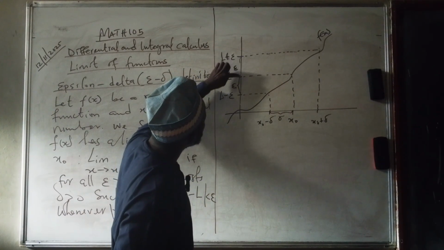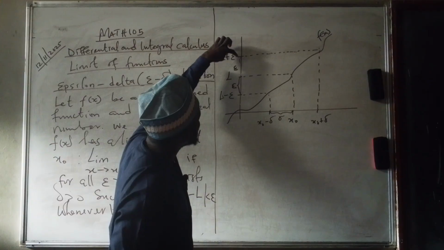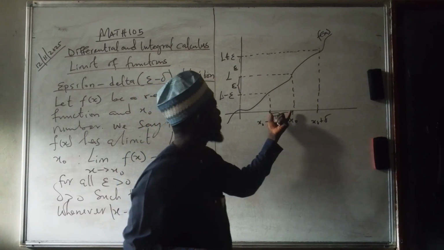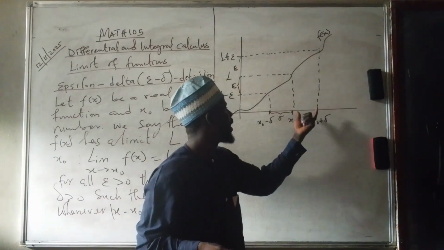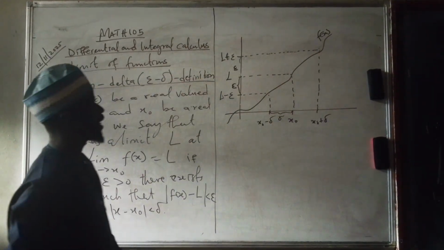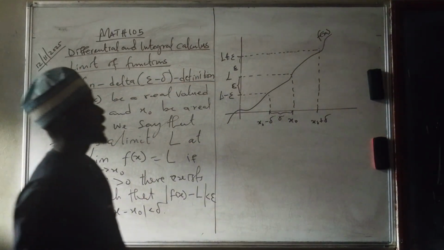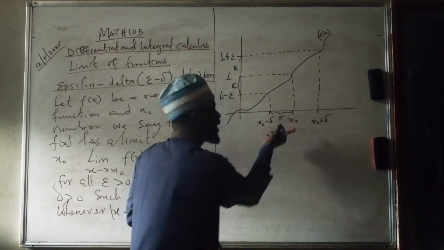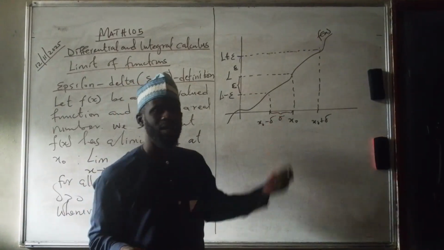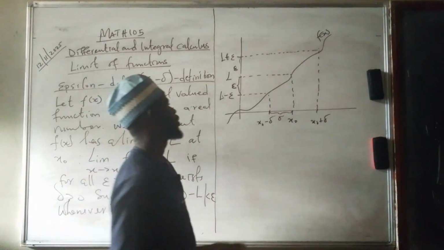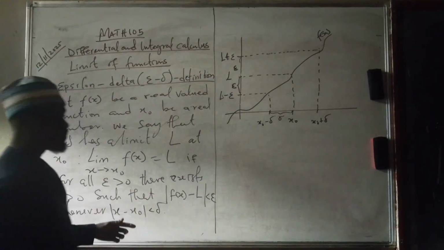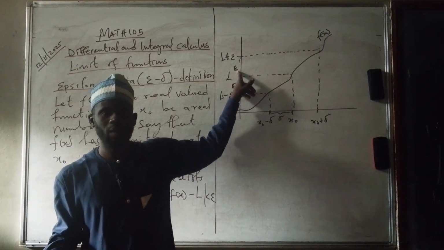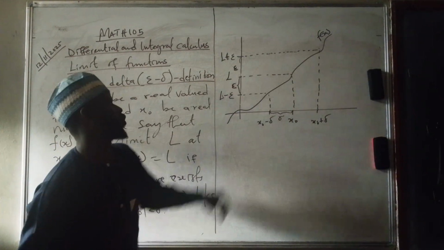Epsilon is the distance between L plus epsilon and L, and it's also the same distance here. Likewise, the same distance delta here and here, so that the limit will exist at L whenever you can find a small value delta, no matter how little it is, so that the absolute value of f of x minus the limit is smaller than the distance epsilon, which is a real number, as I told you.